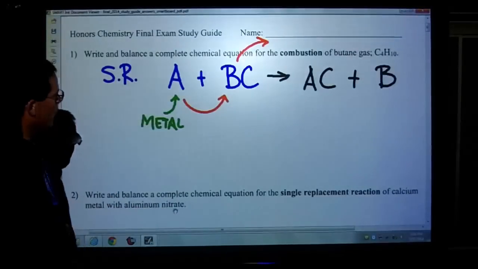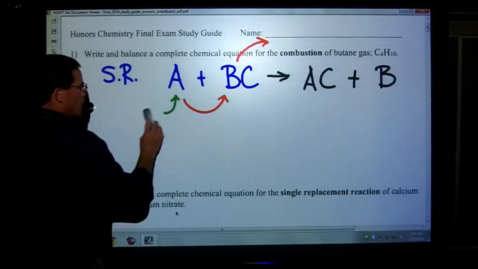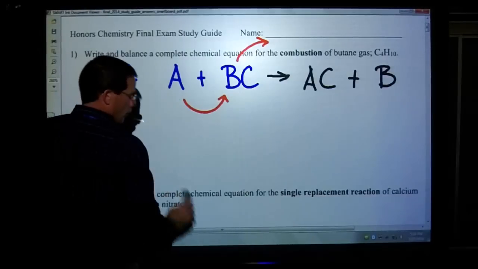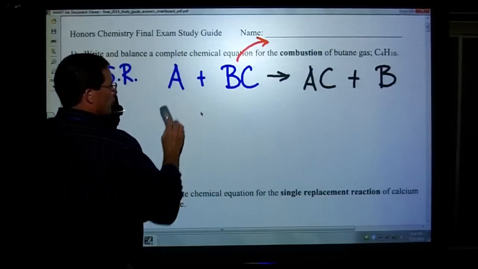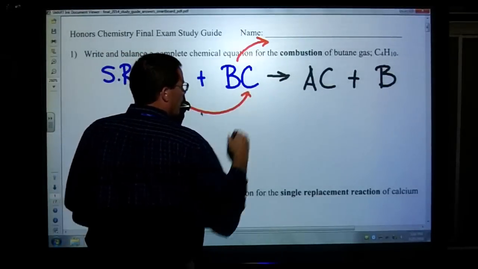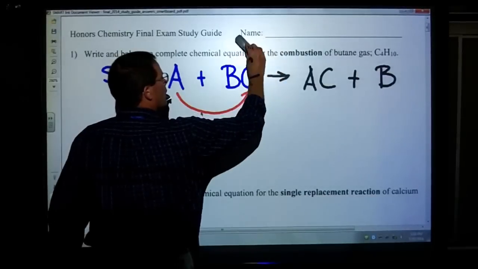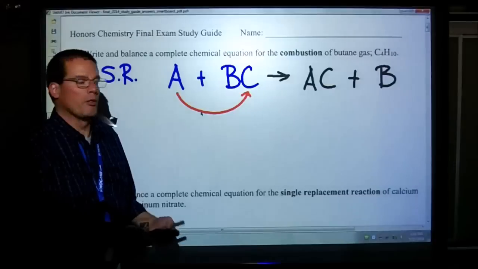So if we were going back and we said, okay, well now A is a non-metal, what that means is that A is going to try to replace C in this case. And if A is a non-metal, remember non-metals can only replace other non-metals, metals can only replace metals.